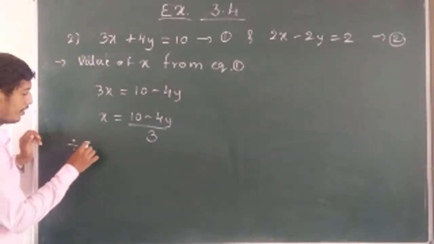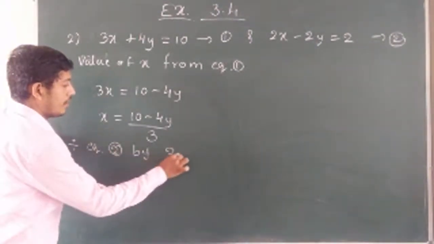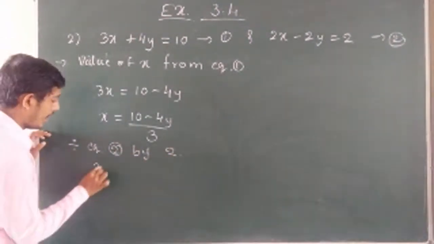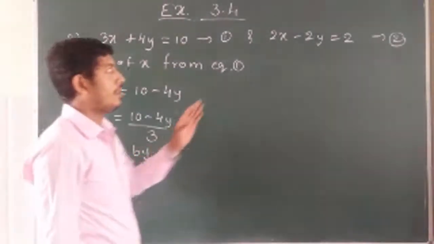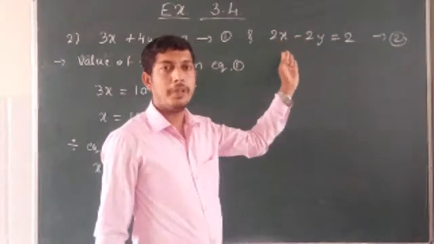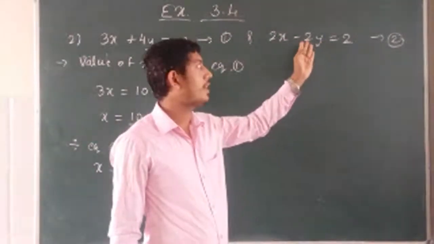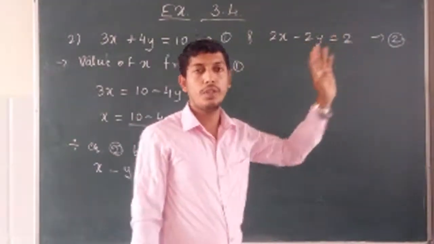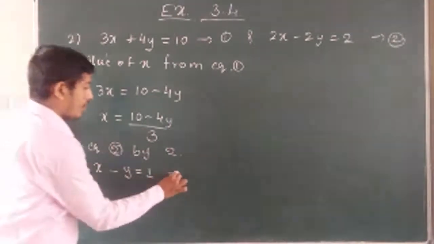Dividing equation 2 by 2, it becomes x minus y equals 1. 2x divided by 2 is 1x, minus 2y divided by 2 is minus y, and 2 divided by 2 is 1. I will call this equation number 3.